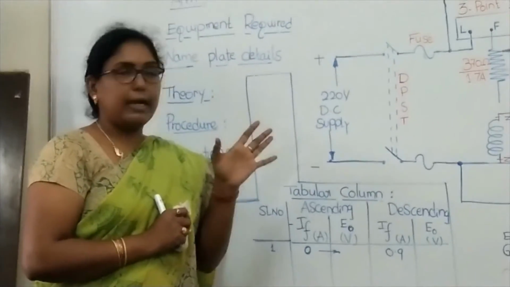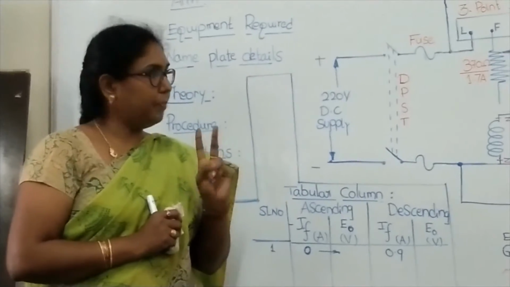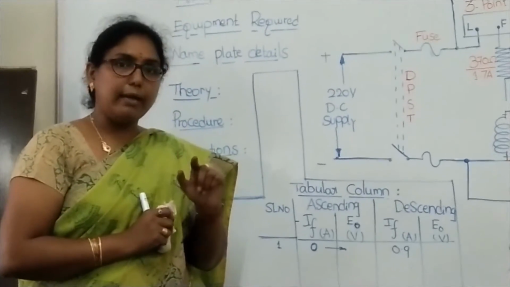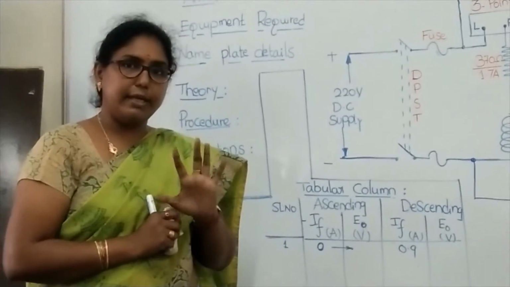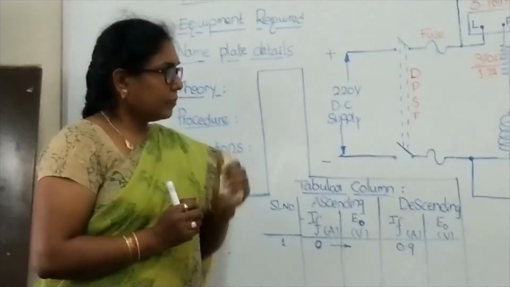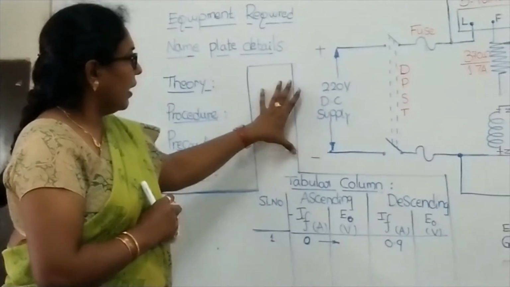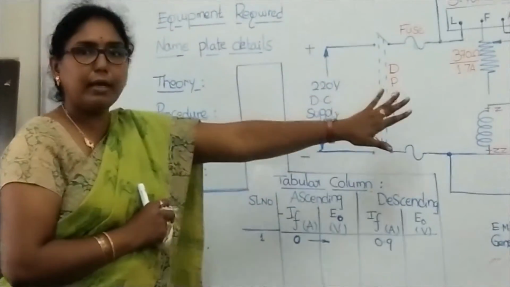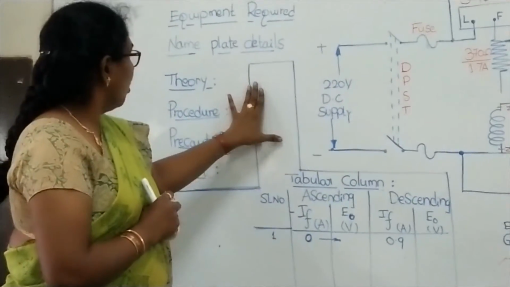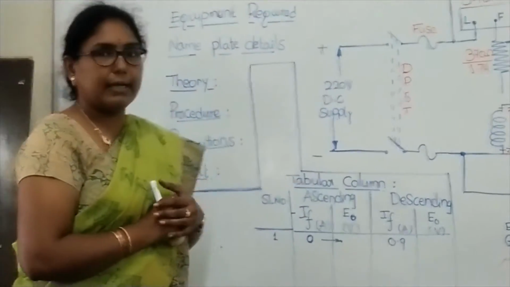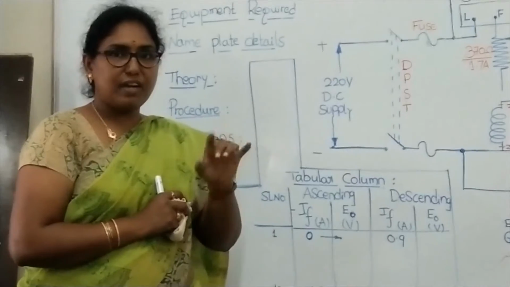From this you can understand that we require two machines: one is a DC shunt motor, and the other is a DC shunt generator. Before going to the circuit diagram explanation, I will talk about the nameplate details. We require a motor as well as a generator.